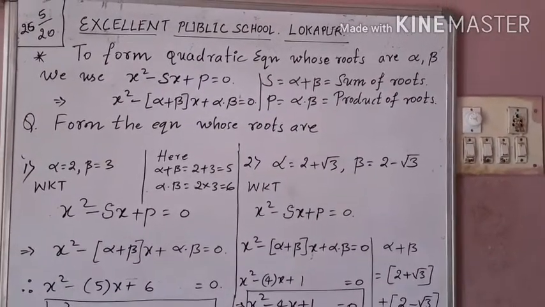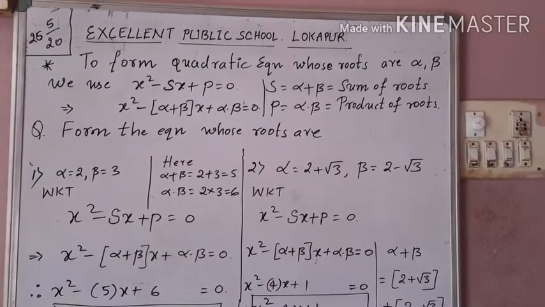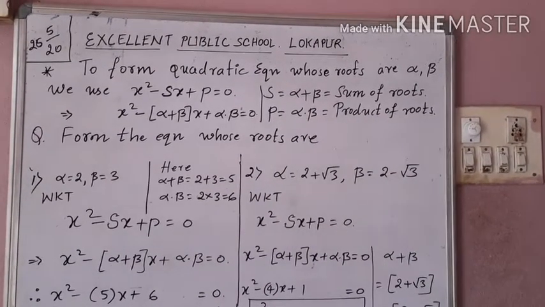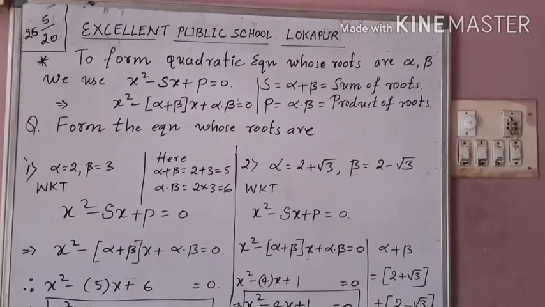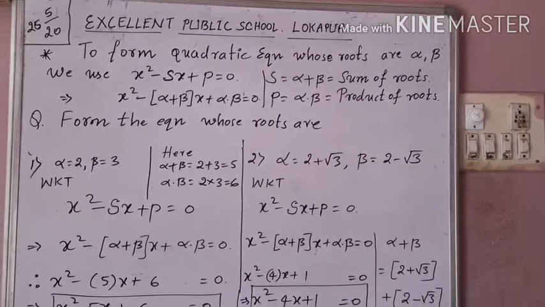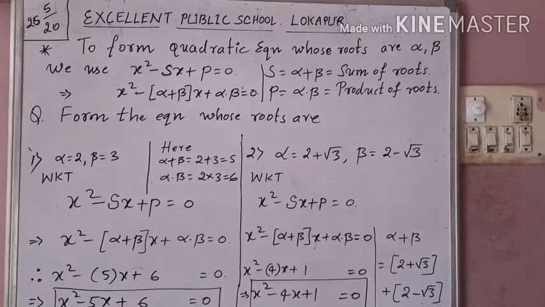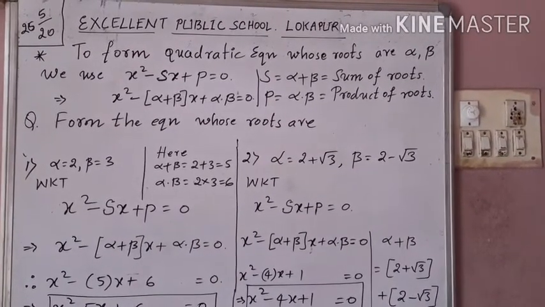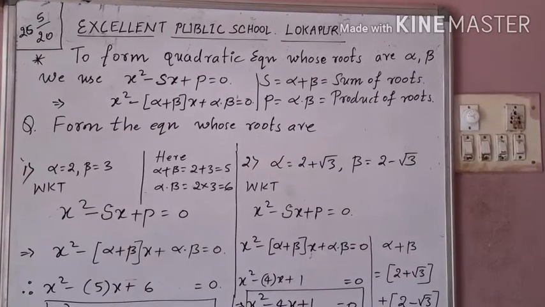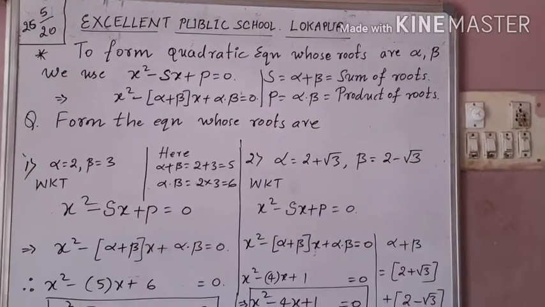We know that the standard form of a quadratic equation is ax square plus bx plus c equal to 0, and its roots are taken as alpha and beta. So children, if two roots of a quadratic equation are given, how to find the quadratic equation? That we are going to see in this session.